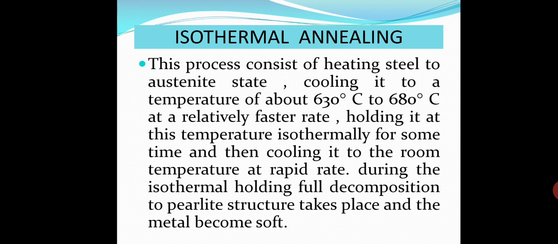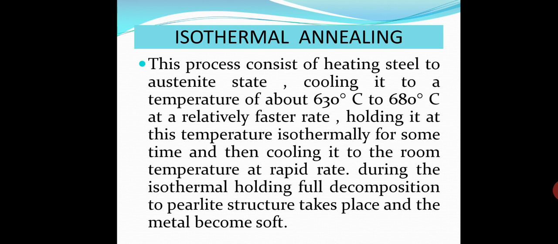Next is isothermal annealing. This process consists of heating steel to austenite state, cooling it to a temperature of about 630 to 680 degrees centigrade at a relatively faster rate.